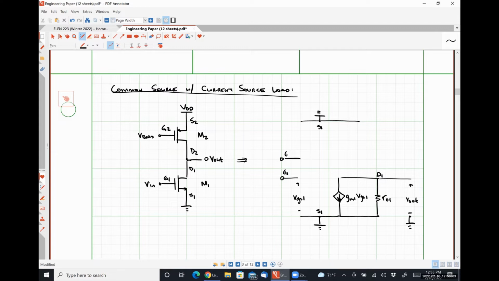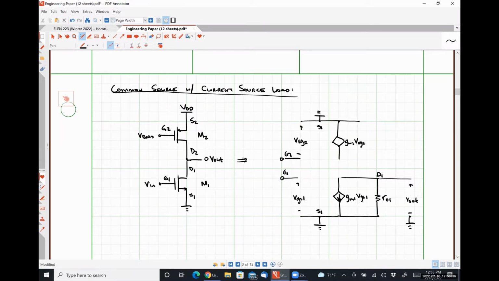This is my gate 2, and this is representing my small signal voltage VSG. Here I have my current source, GM2 VSG2. Let's talk about the direction of this guy.